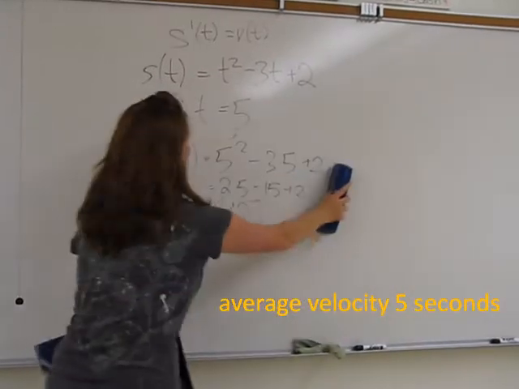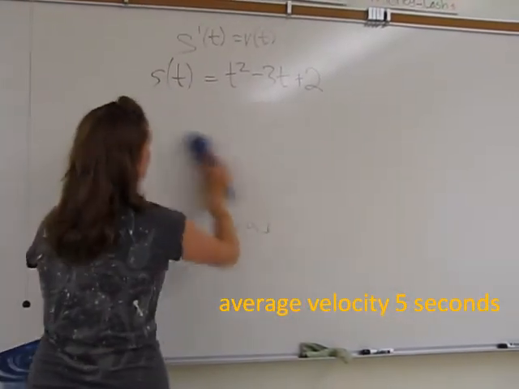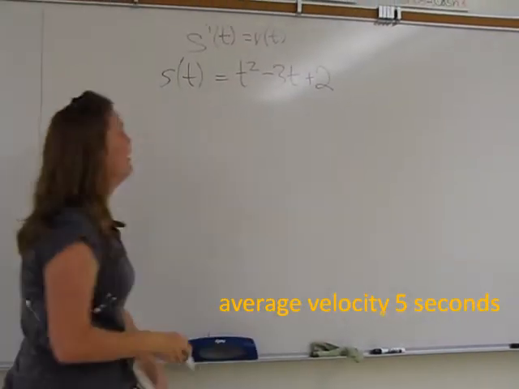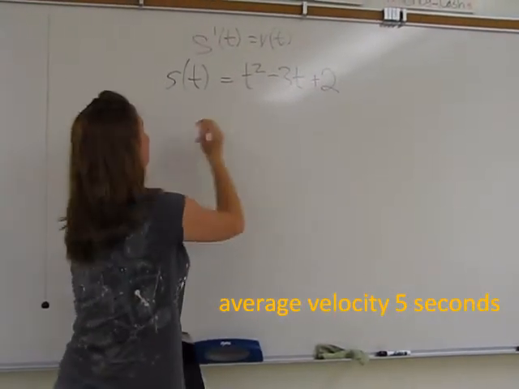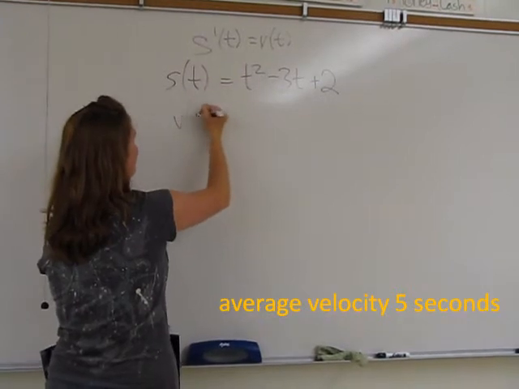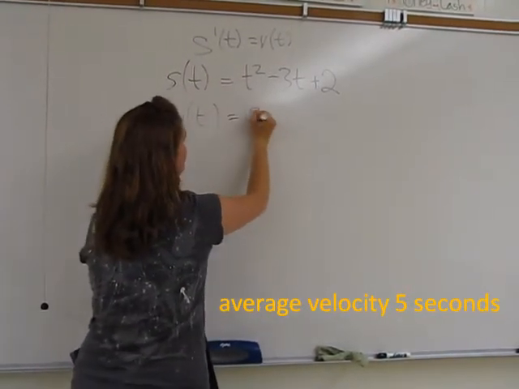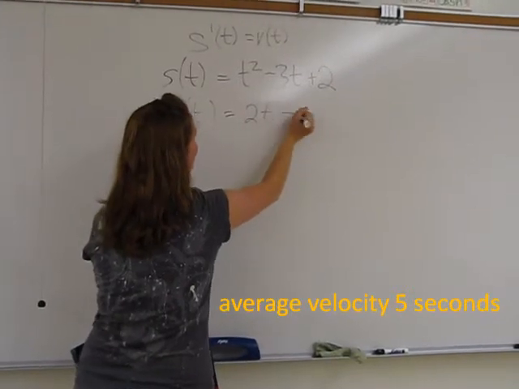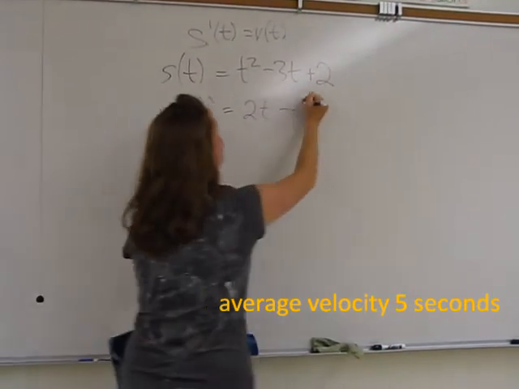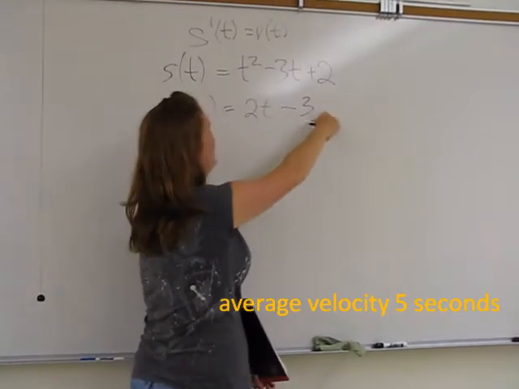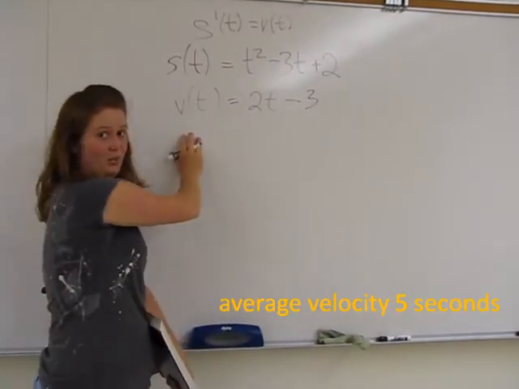Therefore, we take the derivative of both sides to find the velocity, and we get the derivative of t squared, which is 2t, minus the derivative of 3t, which is 3, plus the derivative of 2, which is 0. So this is our velocity equation.